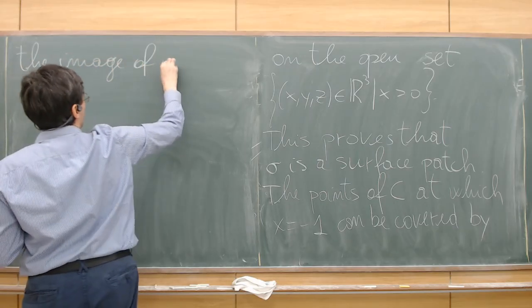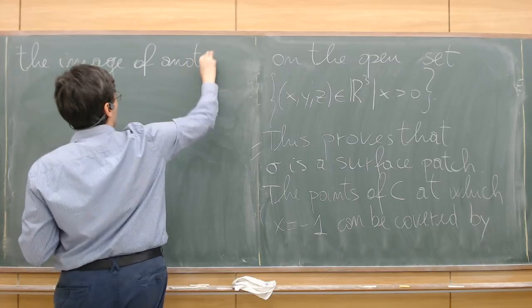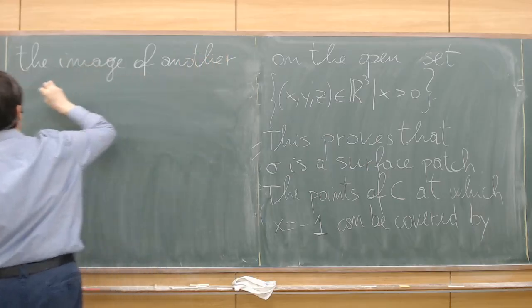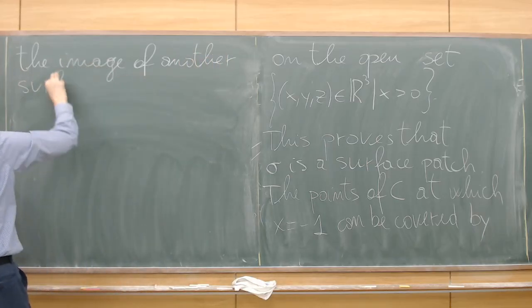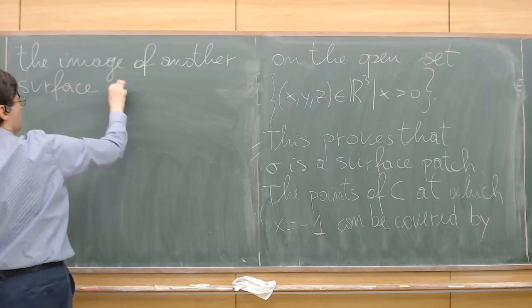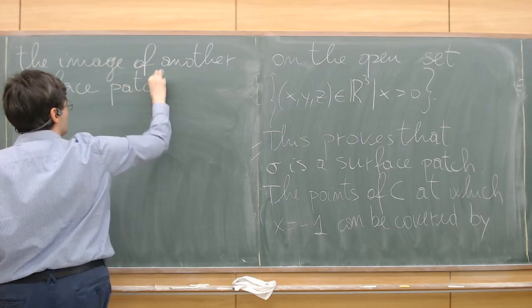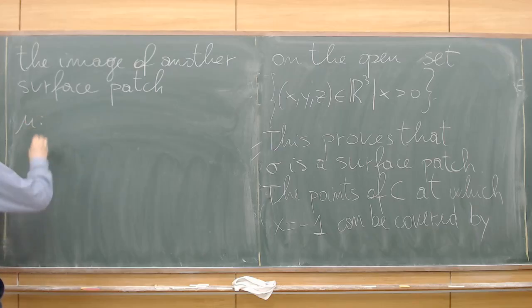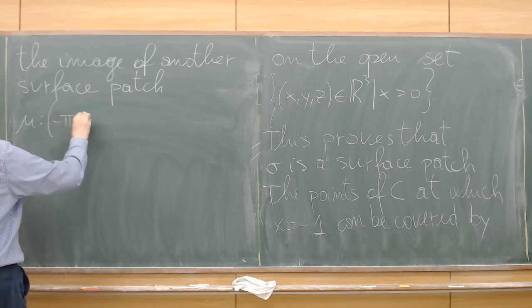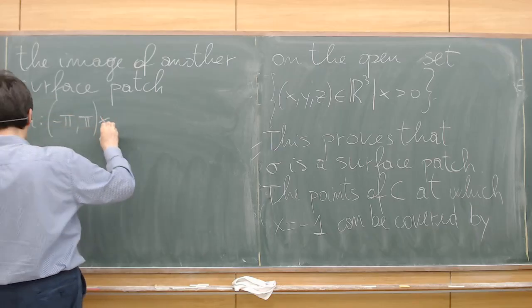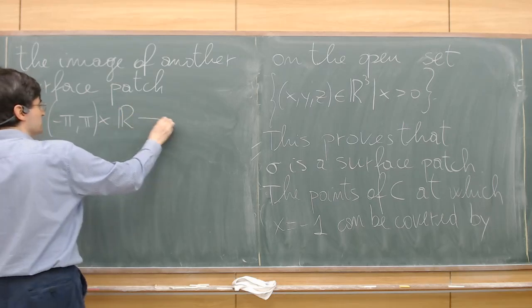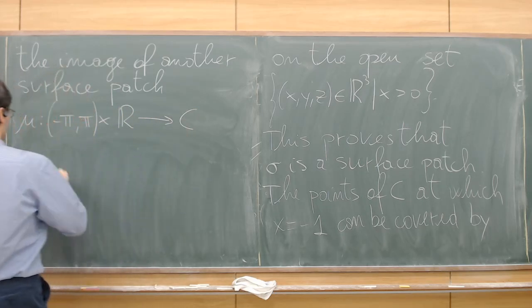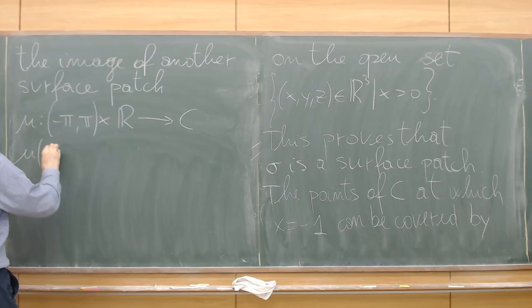Let's use the map mu defined on minus pi times r with values in C defined by the following formula.